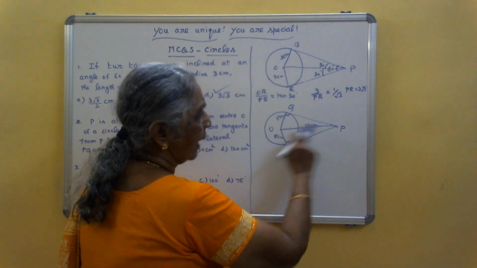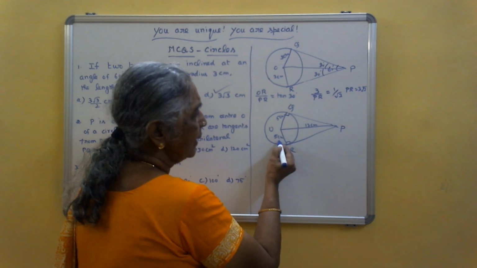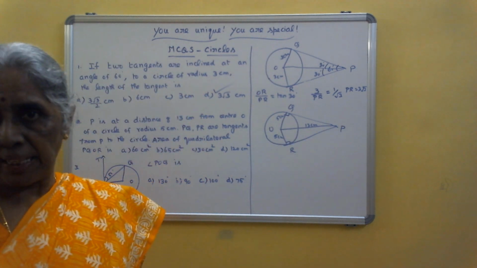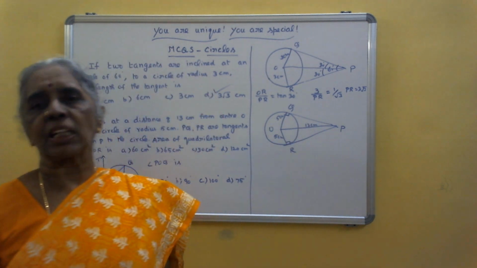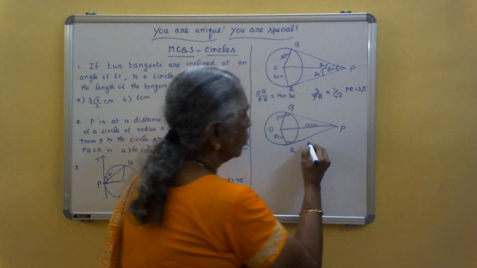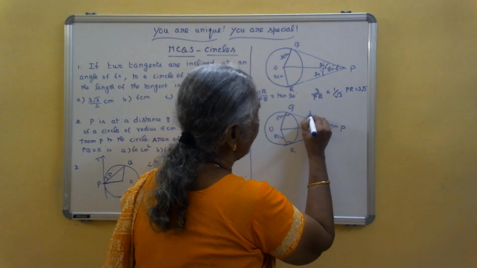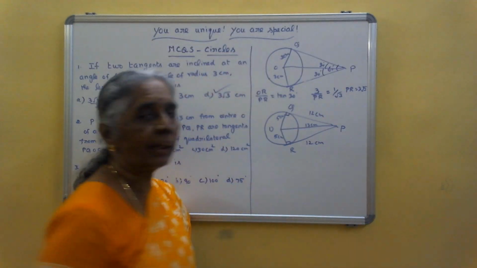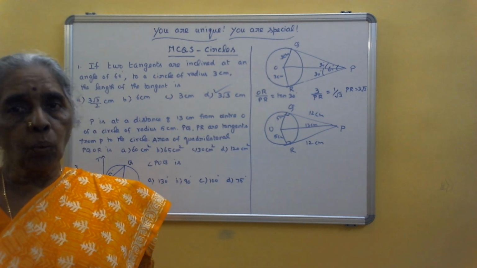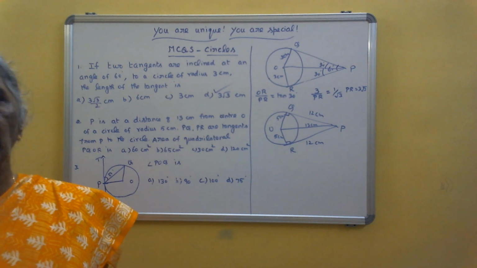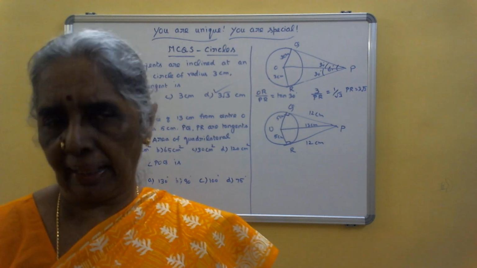If you consider this right triangle, this is 13, this is 5. You can use Pythagoras theorem and you will get PR will be root of 13 square minus 5 square. If you calculate, you will be getting this as 12 centimeter. This is also 12 centimeter since the two tangents are equal, right? Now we want to find the area of the two right triangles.